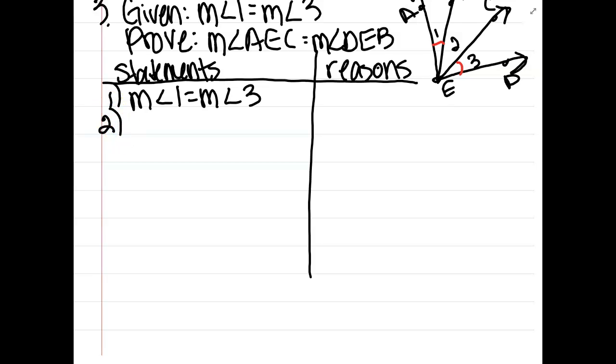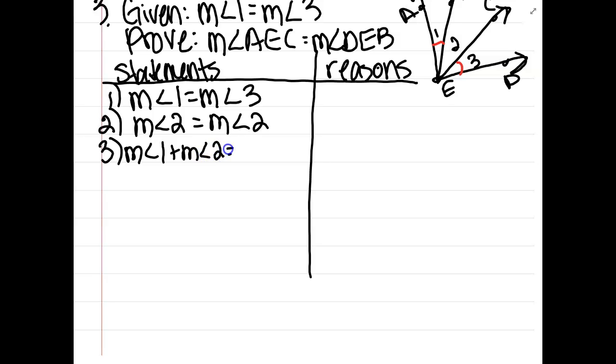My second statement is going to say the measure of angle 2 equals the measure of angle 2. My third statement says the measure of angle 1 plus the measure of angle 2 equals the measure of angle 3 plus the measure of angle 2.